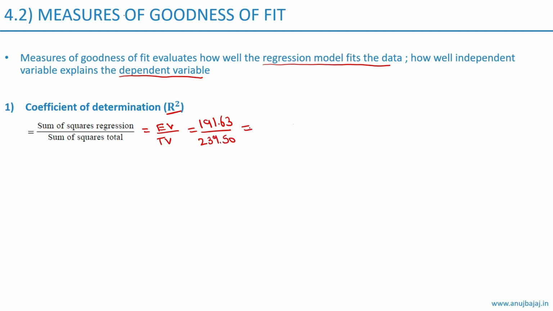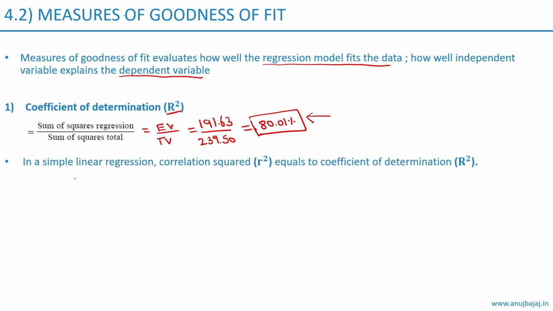The coefficient of determination comes out to be 80.01%. This means that 80% of the total variation is explained by the independent variable, which is pretty good. And in a simple linear regression, the square of the correlation equals the coefficient of determination. So if you remember the correlation between ROA and the CAPEX, the correlation between the two variables was 0.8945.